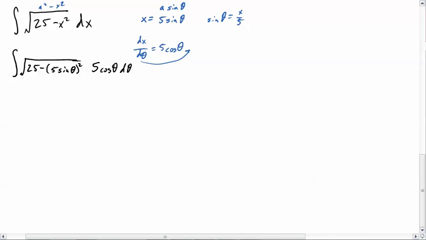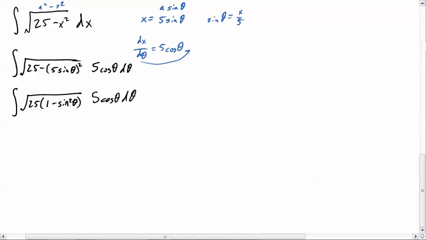We're going to keep moving from there. Let's simplify the inside there. Integral of square root of 25, and then that'll leave me with 1 minus sine squared of theta, right? Because I got the 5 squared, I got the sine squared, and I take the 5 squared, which is 25, and I pull it out. And then I've got 5 cosine of theta d theta.